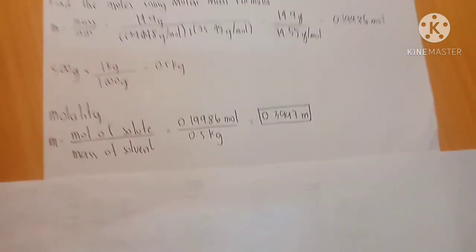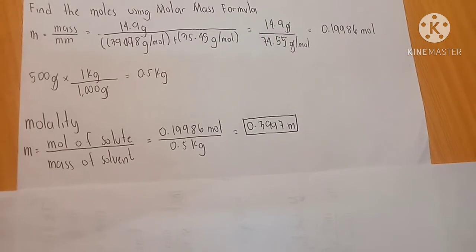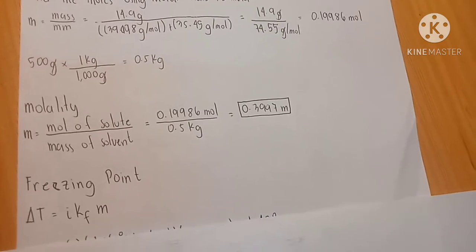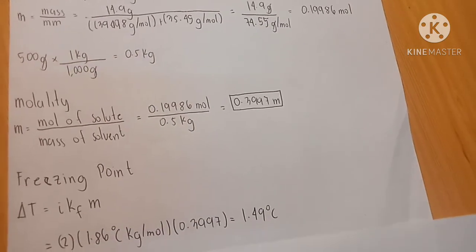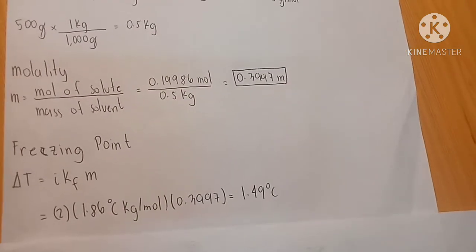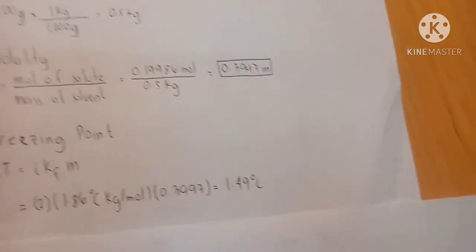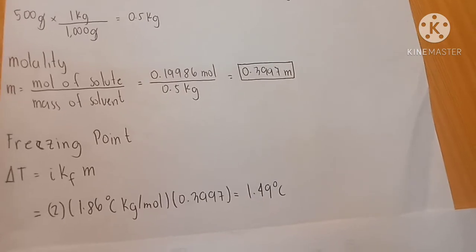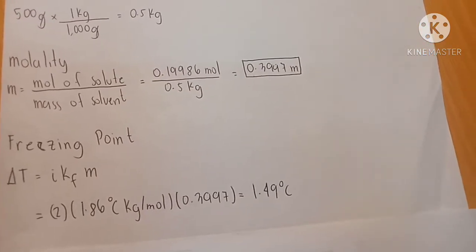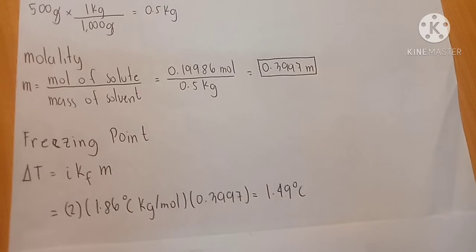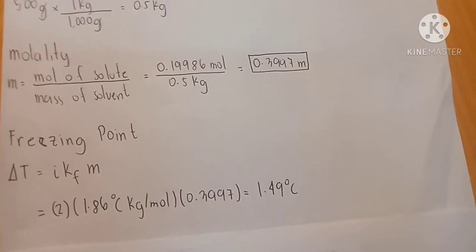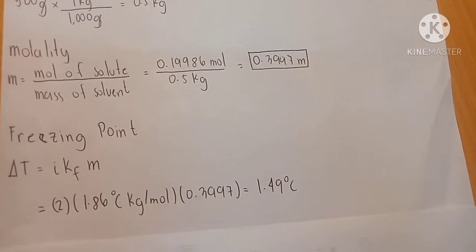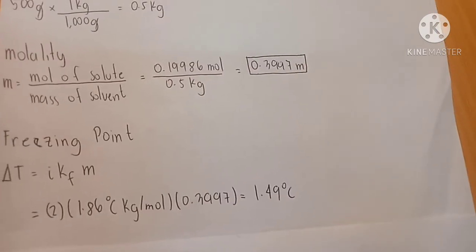So now we're going to get our freezing point depression using the formula: change in temperature is equal to i K F m, which is equal to 2 times 1.86 degrees Celsius kilogram per mole times 0.3997, which is equal to 1.49 degrees Celsius. So that's how you get a freezing point depression.